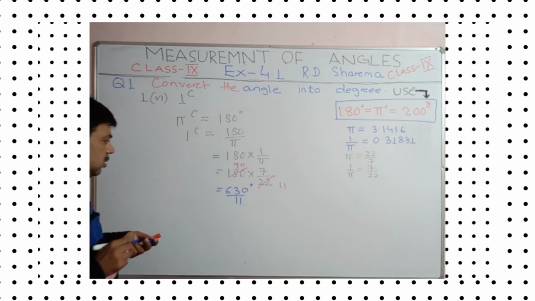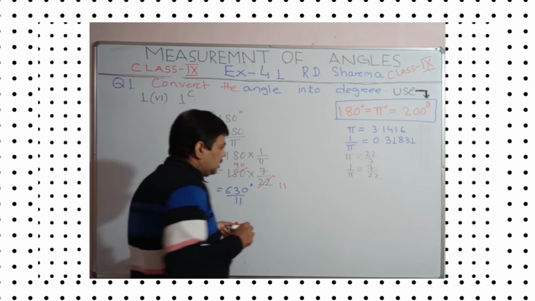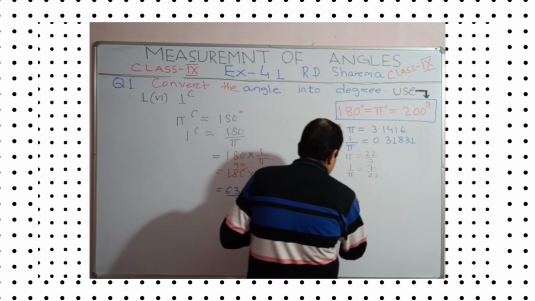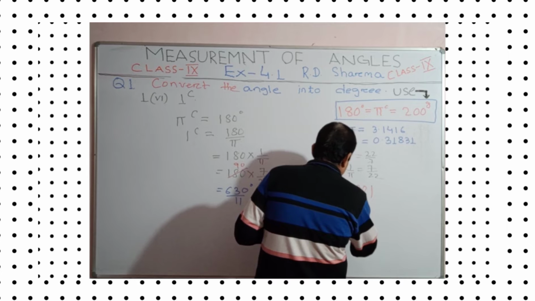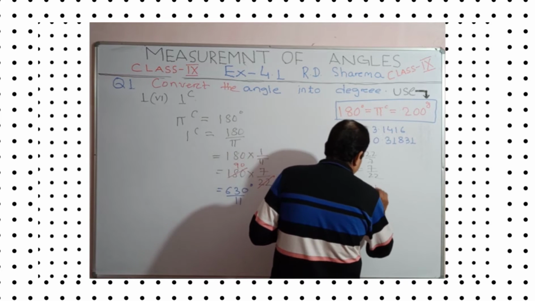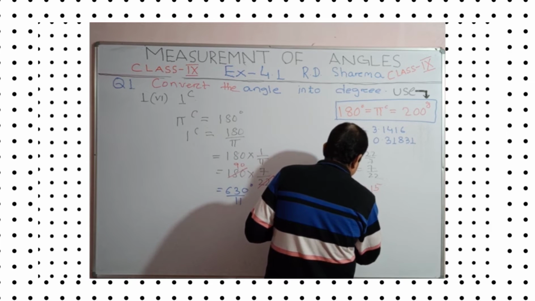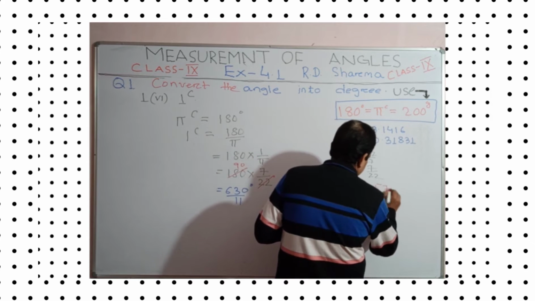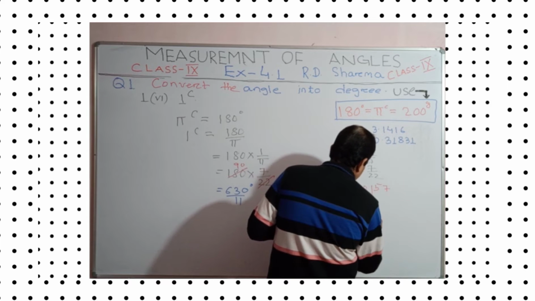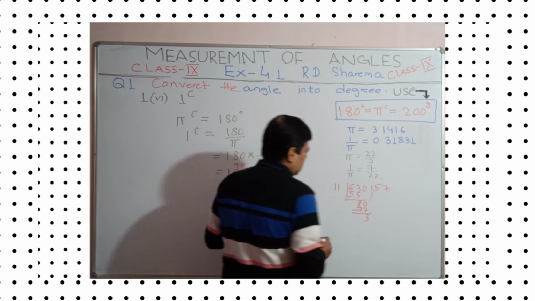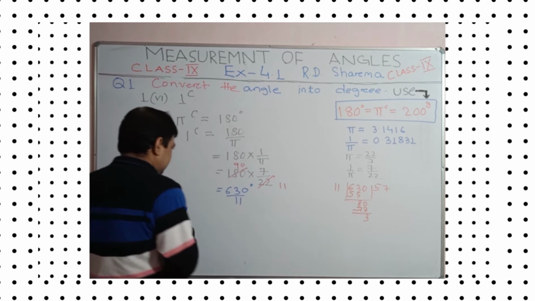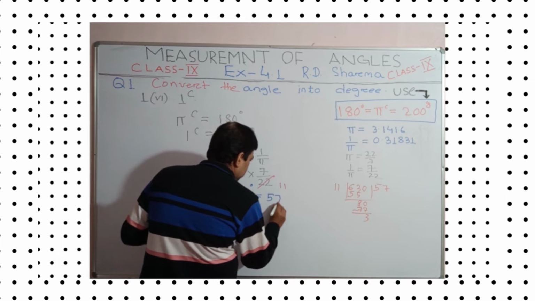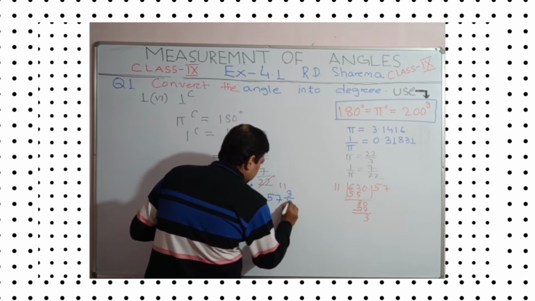So 630 degree divided by 11. You see now, 11 fives are 55. 63 minus 55 is 8, and 0 comes down. Again 11 sevens are 77. 80 minus 77 is 3. Here we get 57, whole 3 by 11 degree.